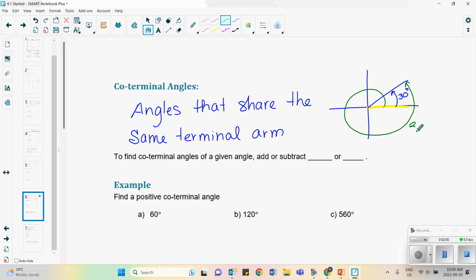So this angle would be 390 degrees. They share the same terminal arm, they end in the same place, but really you added a full rotation in. And when I talk about a full rotation, that just means traveling 360 degrees. So to find a coterminal angle, you either add or subtract a full rotation.